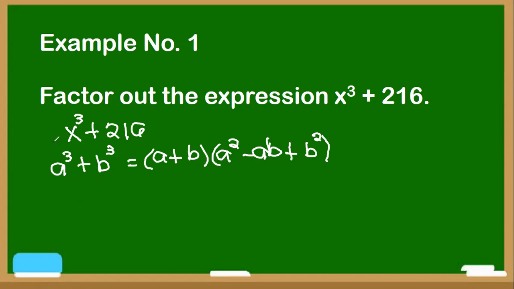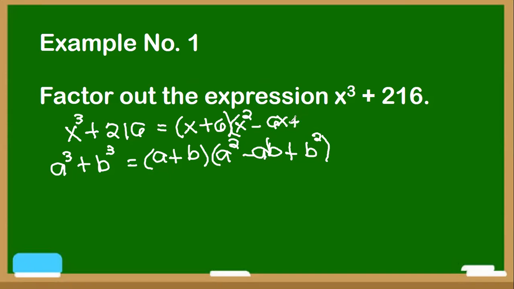Okay, so let's go back to our example. The simplest factor of x cubed plus 6 cubed is x plus 6. Multiply it by the square of x, which is x squared. Then get the product of the inverse of x and 6, so this is negative 6x.